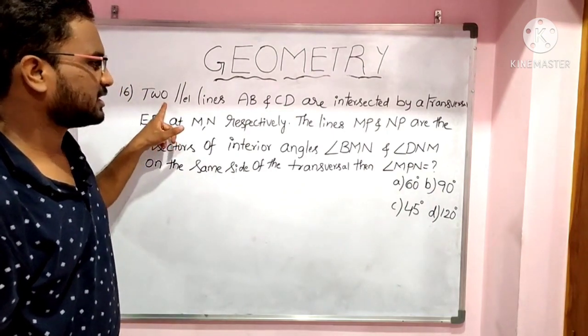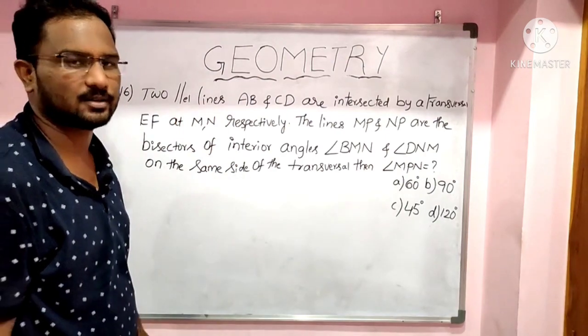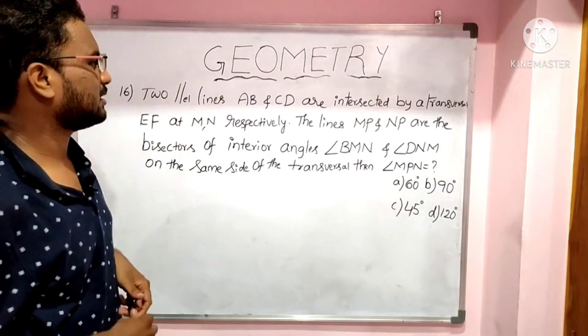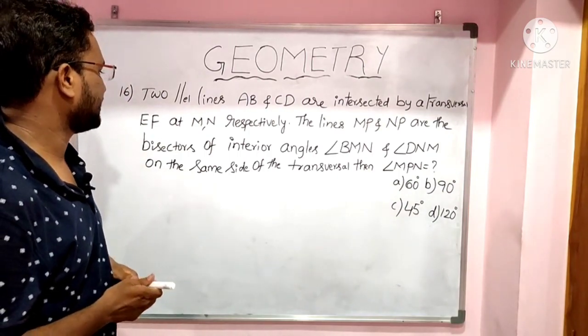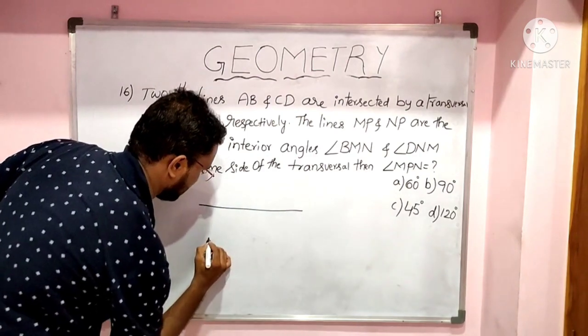Here he is given a statement. So we need to draw the figure from this statement. Okay. So what is the shape? Two parallel lines AB and CD are intersected by a transversal EF. So we need to draw two parallel lines.